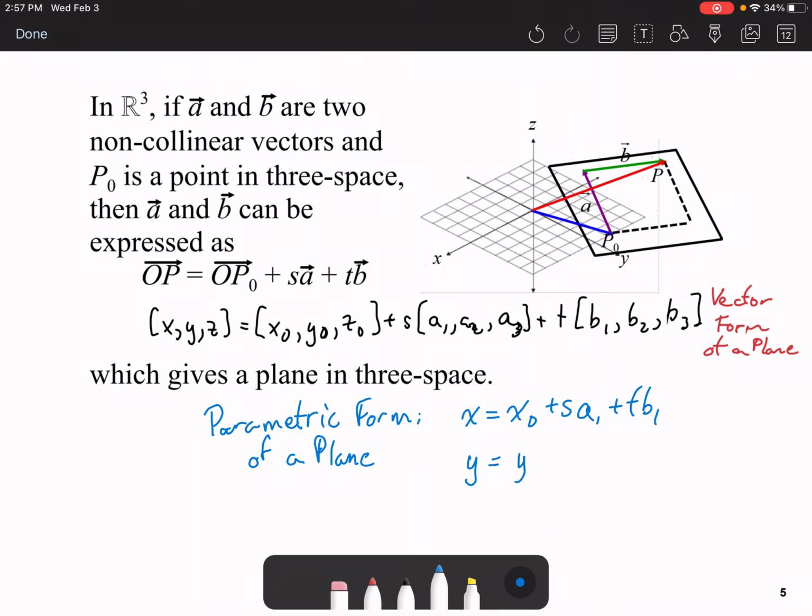Y would equal y sub 0 plus s times a subscript 2 plus t times b subscript 2. And z is equal to z sub 0 plus s times a3 plus t times b3. And therefore you can separate it into 3 different parametric equations, looking at the x, y, and z's separately.